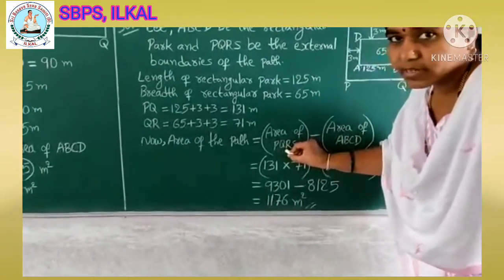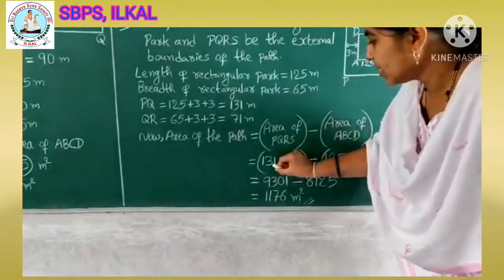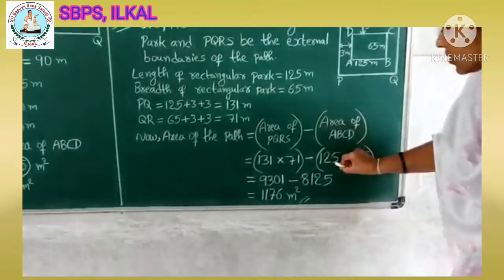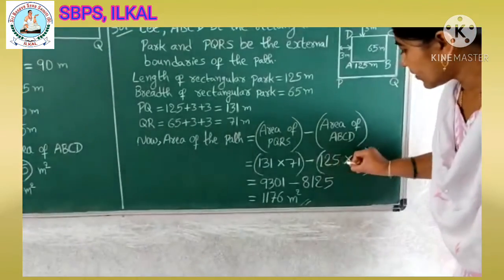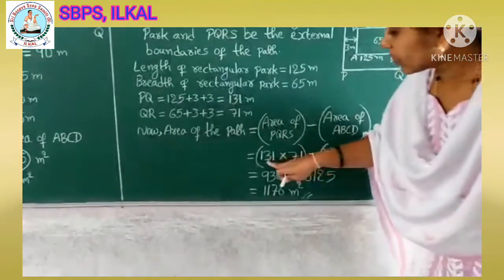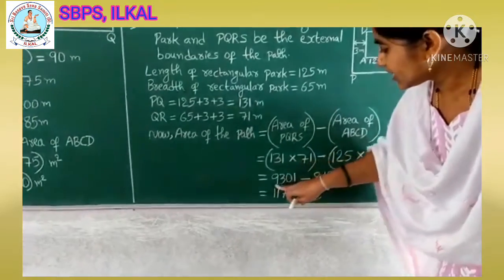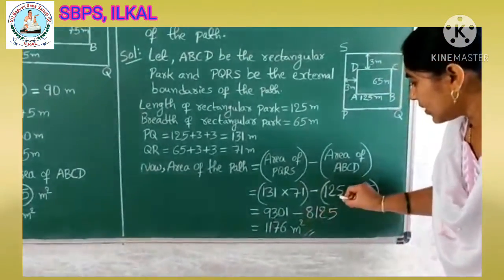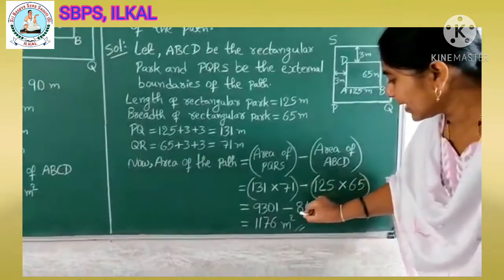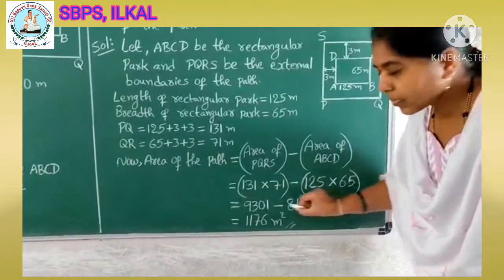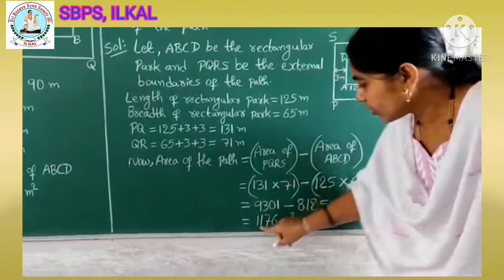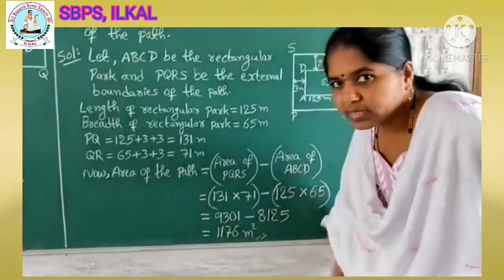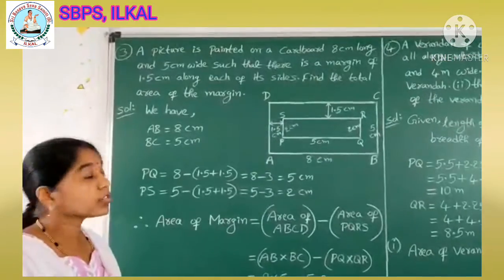Length into breadth children, area of rectangle formula, then here it is 131 into 71 minus, here also length into breadth, that is 125 into 65. 131 into 71 is equal to 9301 minus 125 into 65 gives 8125. Subtract these two numbers, we will get 1176 square meter. Next question children.